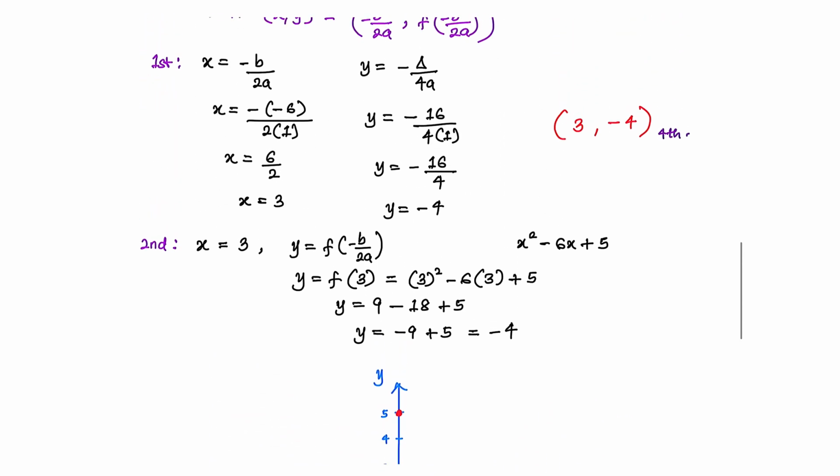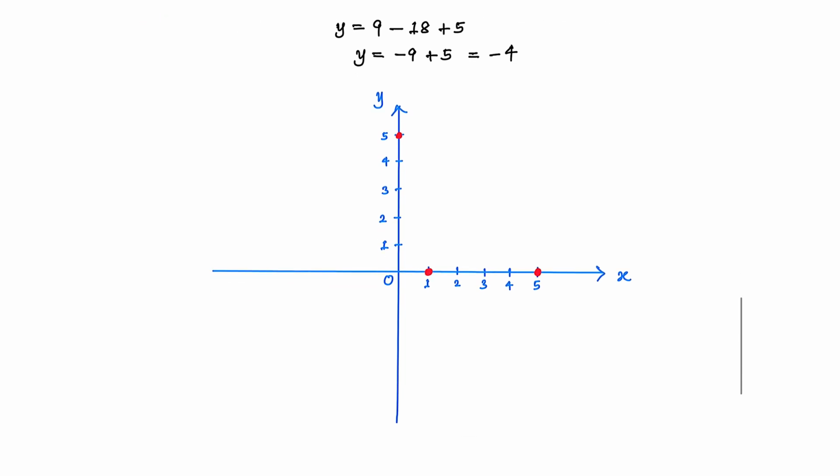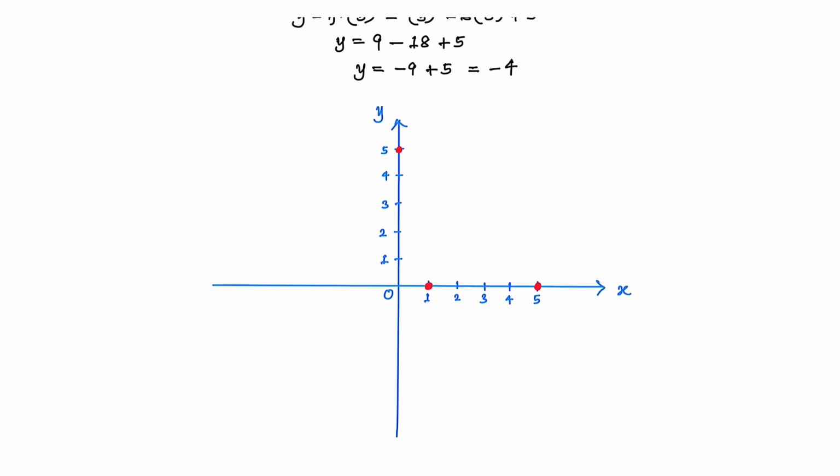Last point, which is the vertex point. The vertex point is 3, minus 4. So it means the value of x is 3 and the value of y is minus 4. So I need to scale the y in the negative area. Minus 1, minus 2, minus 3, minus 4.